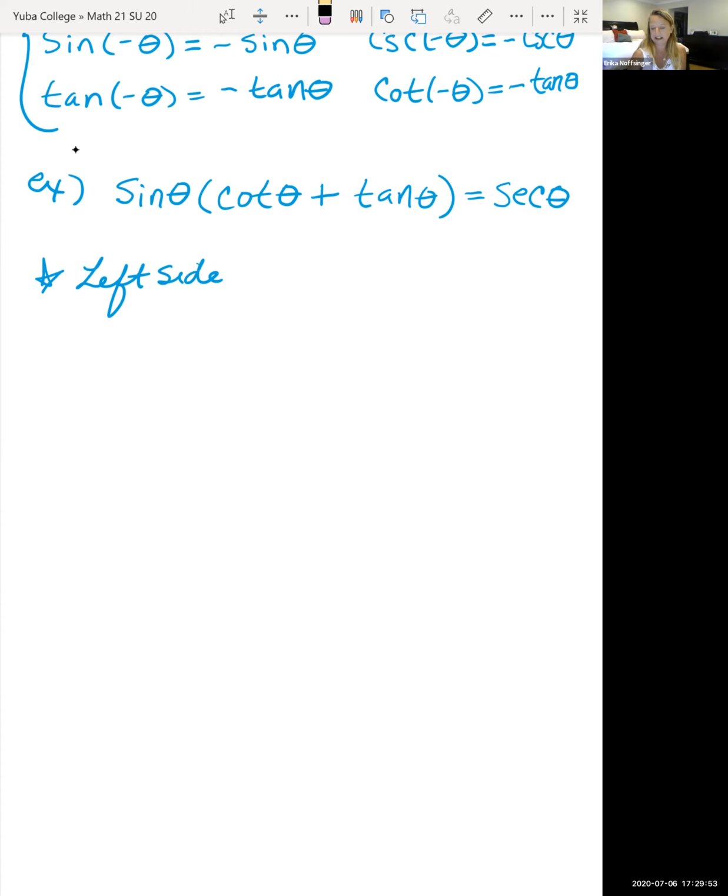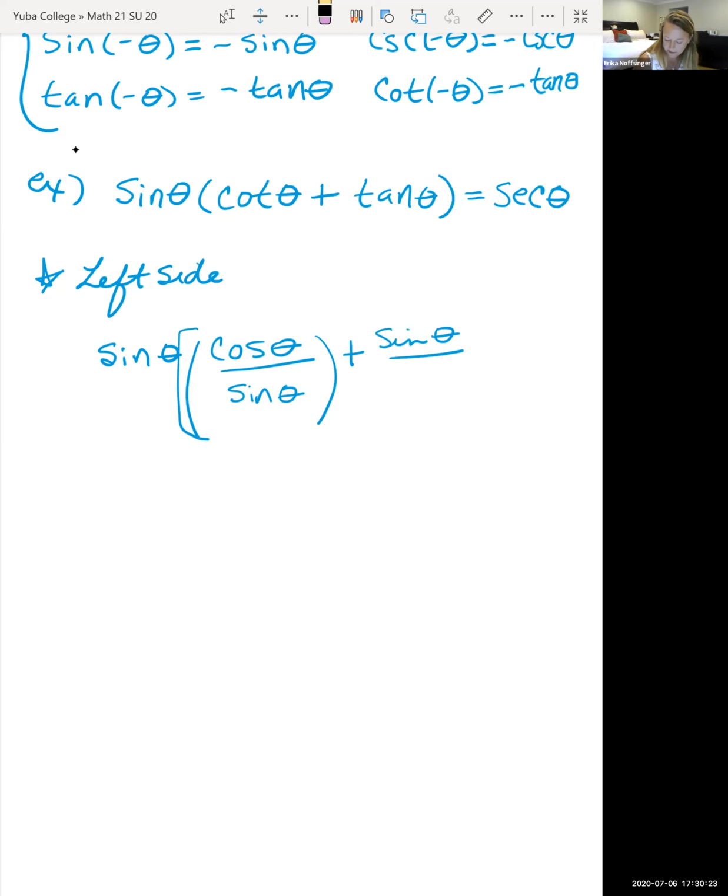Let's rewrite cotangent theta and tangent theta in terms of sine and cosine. There are multiple ways we can start this. So cotangent of theta is cosine of theta all over sine of theta, plus tangent of theta, which is sine theta all over cosine theta.